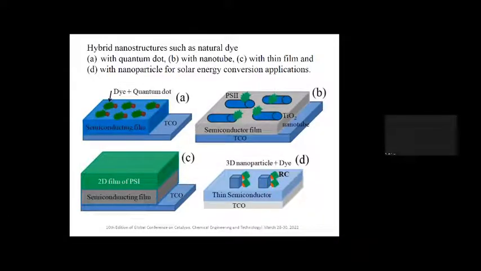So these are the hybrid solar cells. In hybrid solar cells, we are combining organic as well as inorganic materials. There are four types of nanomaterial: 0D, 1D, 2D, 3D. In figure A, that shows the dye plus quantum dot, and in figure B, it's a thin film with nanowire, nanorod with organic protein complex.